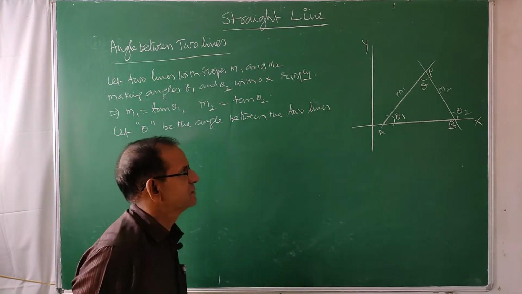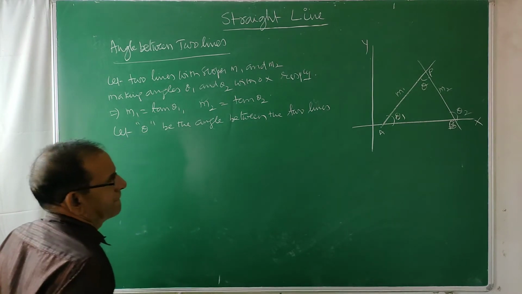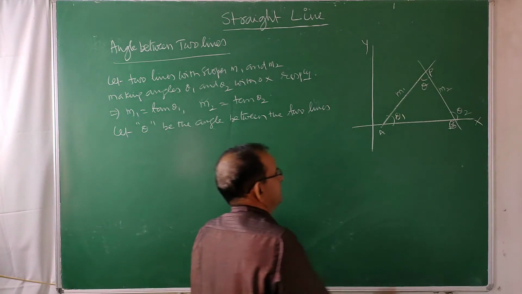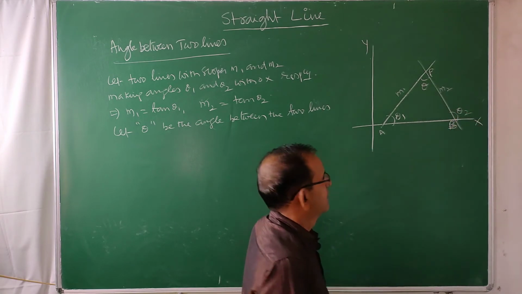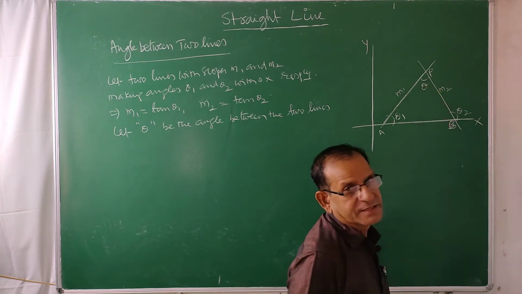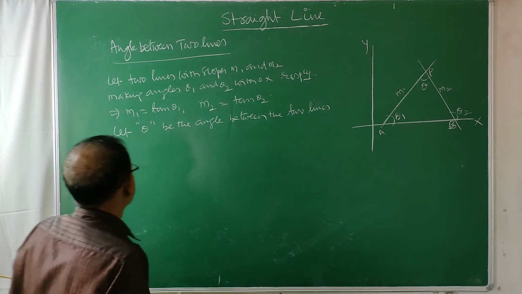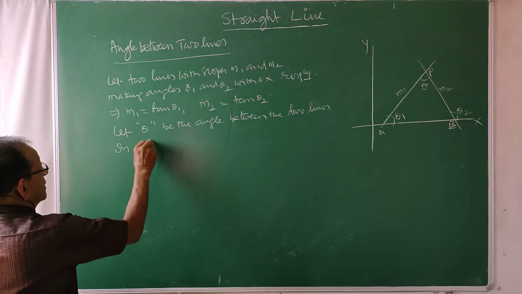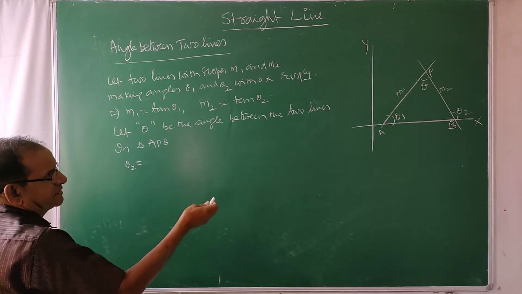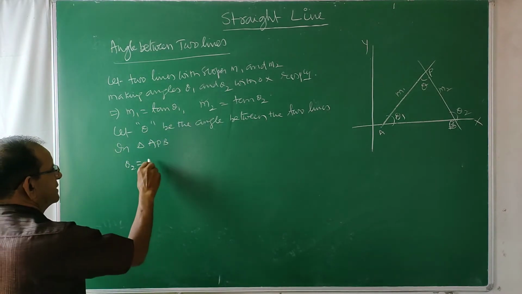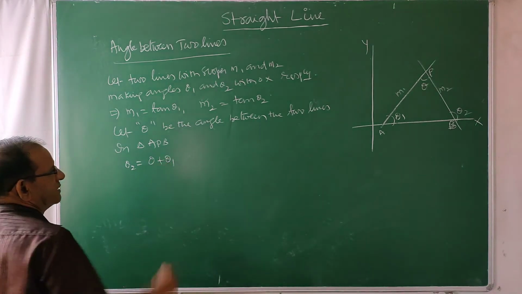Then here in this triangle ABP, theta 2 is the exterior angle, which is equal to the sum of the opposite interior angles, theta plus theta 1.